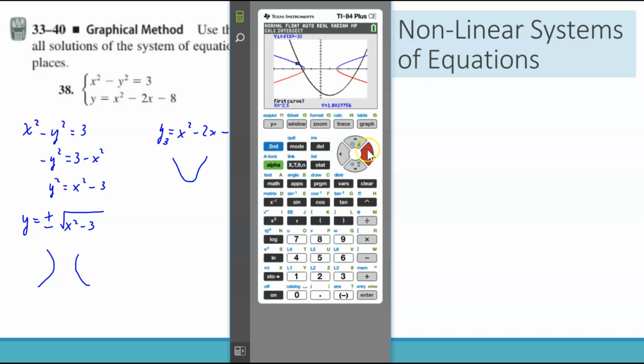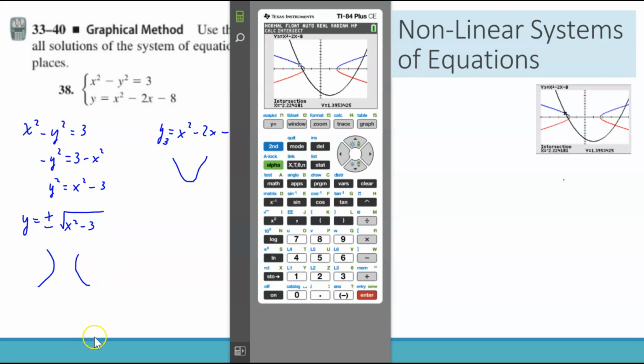So I want to be here on our x squared minus 2x minus 8 graph, with our parabola. First curve, I'm going to hit enter. Second curve is not our parabola, so I'm going to hit up arrow enough times. Now I'm at that parabola. I'm going to hit enter, and there's our first intersection point.